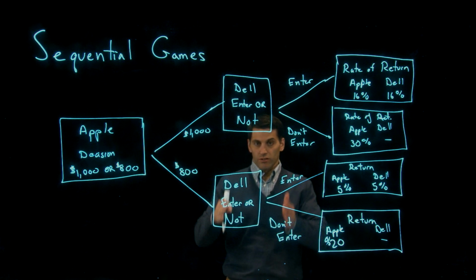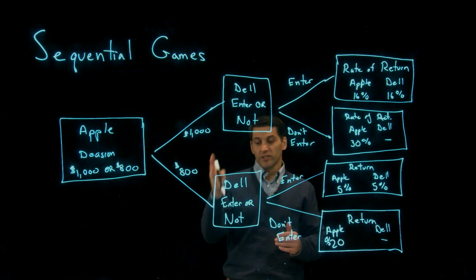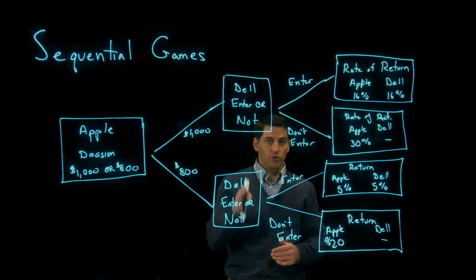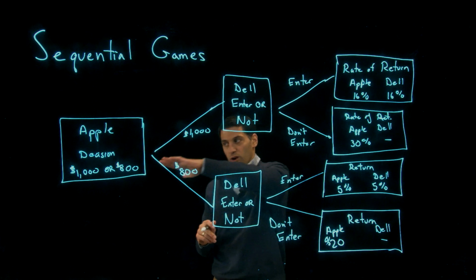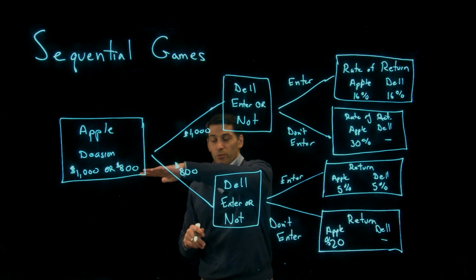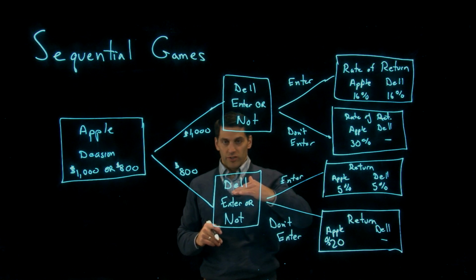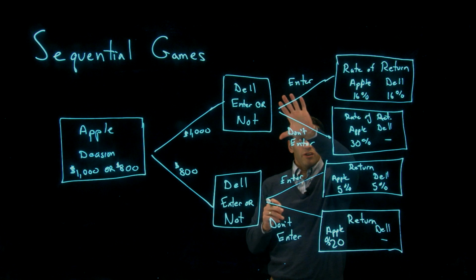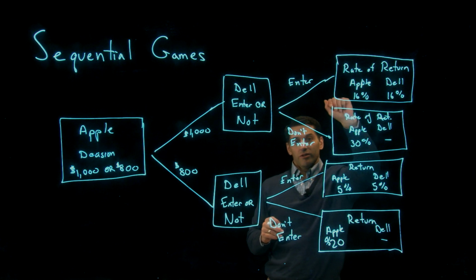So in the next set of nodes, it's Dell's turn, and they're choosing whether to enter or not. And it's the same choice either way. Regardless of what Apple's choosing for their price, Dell's choice is enter or not enter. And so then we get further branching depending on what Dell decides to do.